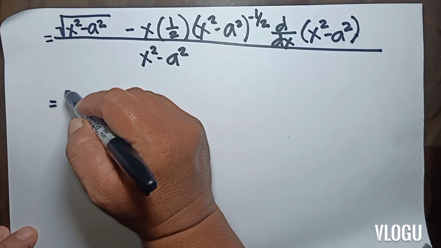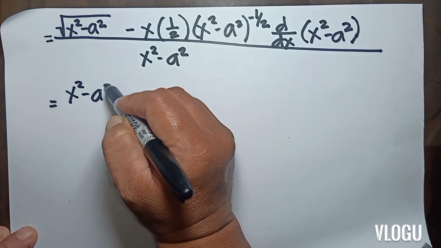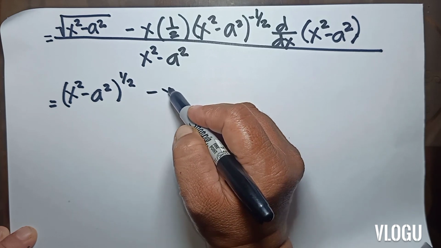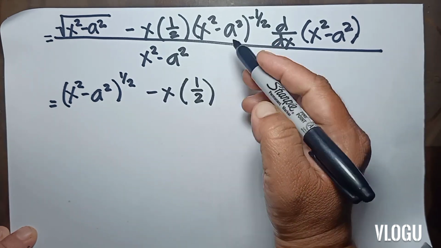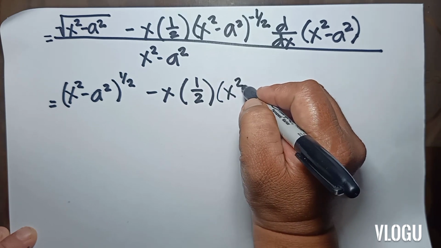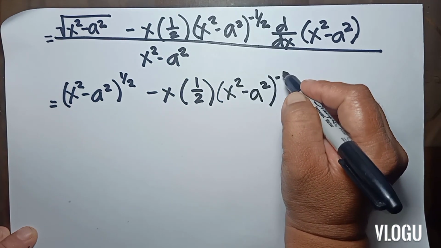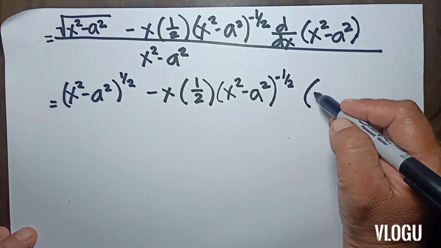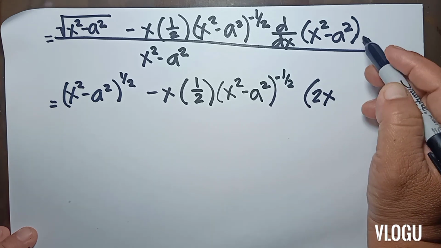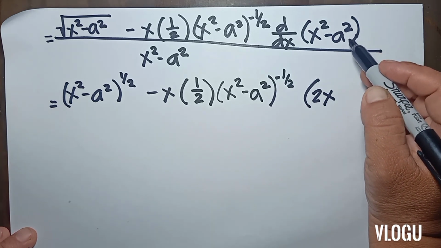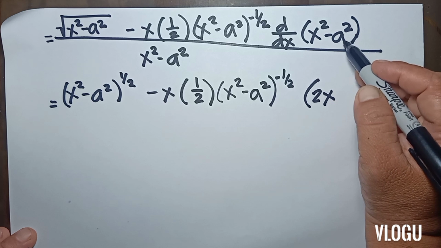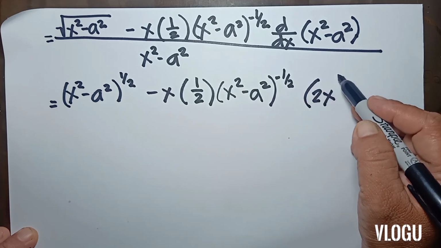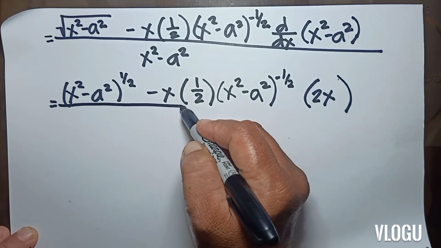This is a square root, so we will have x squared minus a squared raised to 1/2 minus x times 1/2 times x squared minus a squared raised to negative 1/2. The derivative of x squared is 2x. The derivative of a squared is 0, because a is a constant, and our derivative is with respect to x, that is dx. So we will have that one.